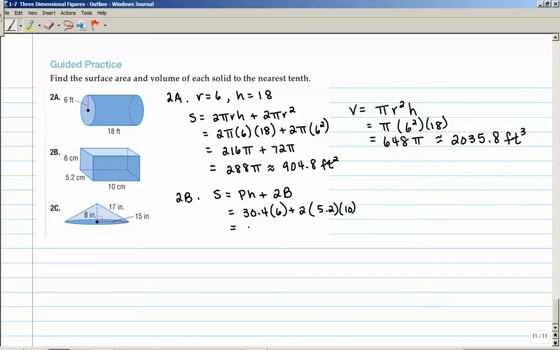That's going to come out to 182.4 plus 104, so my surface area is going to be 286.4 centimeters squared.